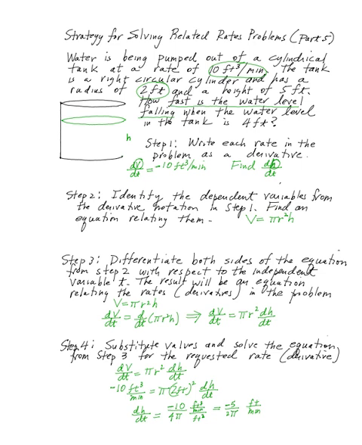However, the derivative of h with respect to t is a negative 5 divided by 2 pi feet per minute, since the height is decreasing. I would not want to say the water level is falling at a rate of negative something feet per minute, because if something is falling at a negative rate, it would really be rising, wouldn't it? You've just got to watch the language of how the question is worded.